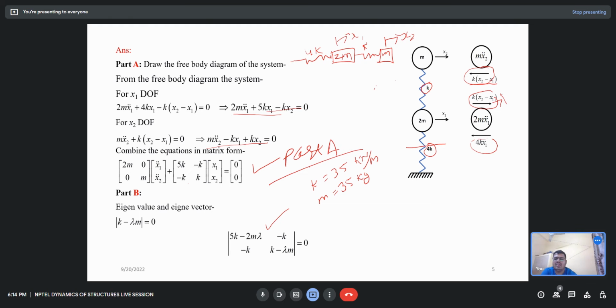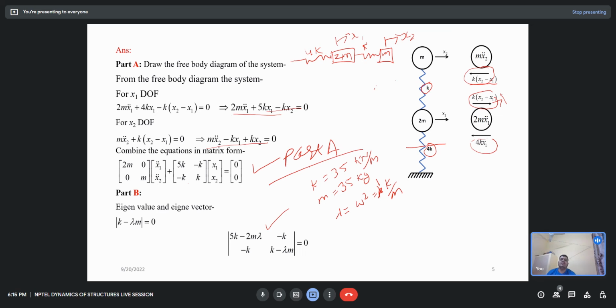Okay, so I know one thing. If I put k and m in this, it will sometimes be difficult. So I know lambda would be omega square, that would be k by m, and there is some coefficient also, let us say beta, or lambda dash.